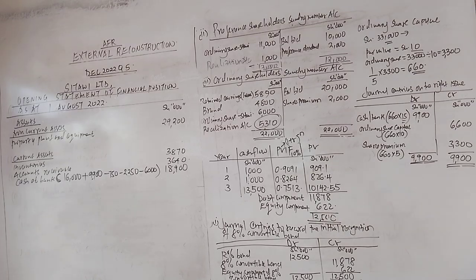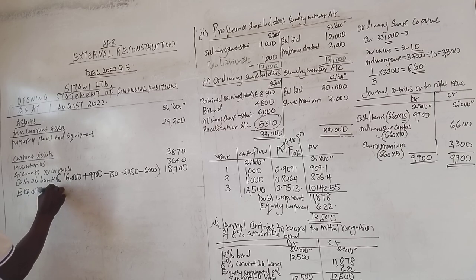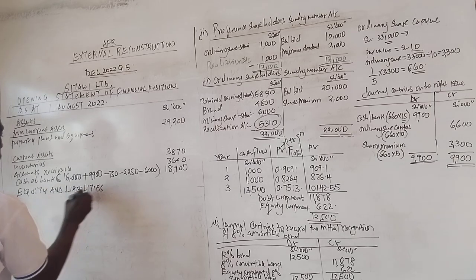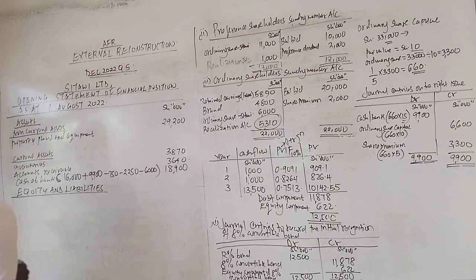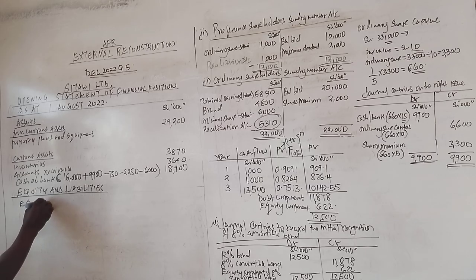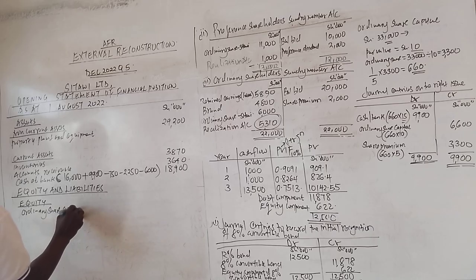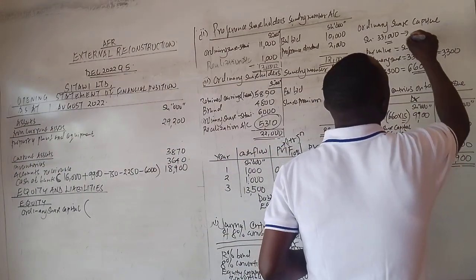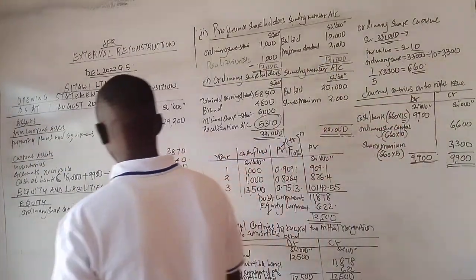Then from there, we go to the equity and liabilities. We start with the equity, the ordinary share capital. Before the right issue, the ordinary share capital was 33,000.